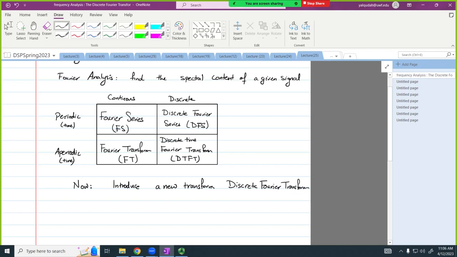Good. So we're going to be introducing a new transform, that is the discrete Fourier transform.